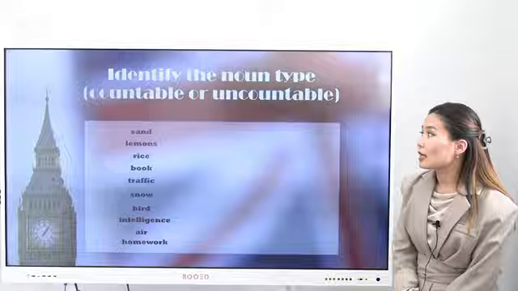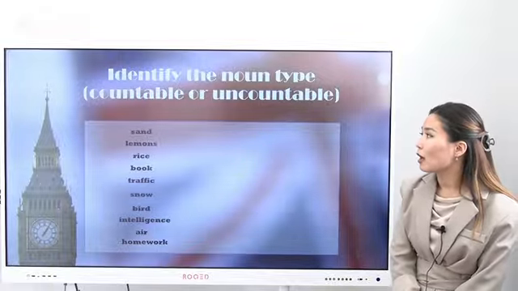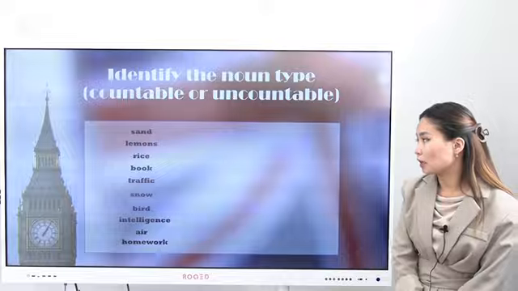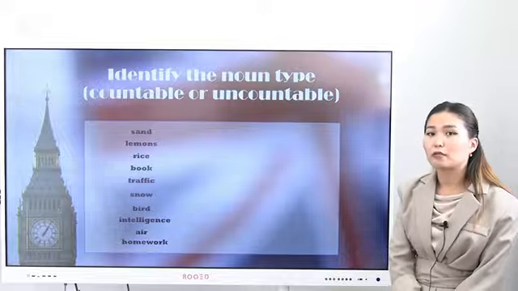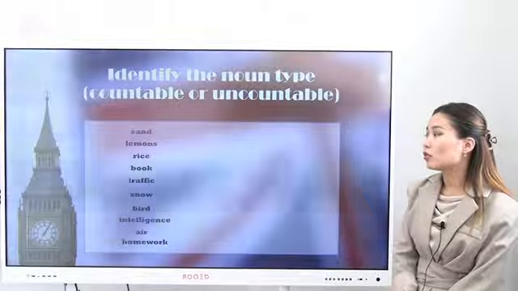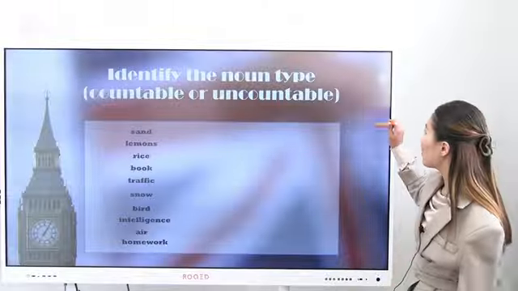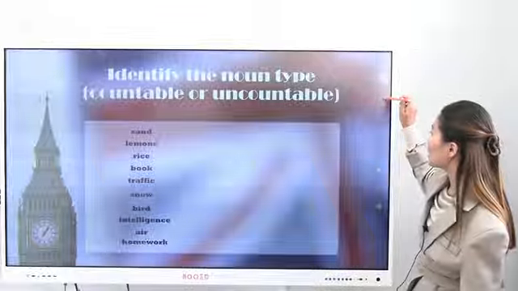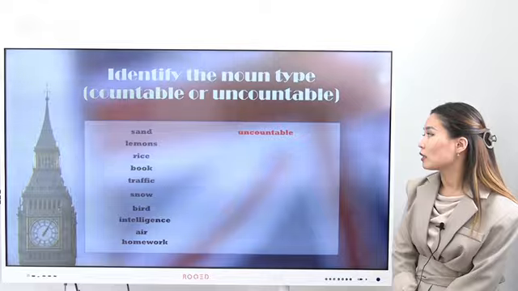Next, task number 1, identify the noun type, countable or uncountable. The first word is scent. Can we count the word scent? Your answers, please. Yes, you are right. This word scent is uncountable.